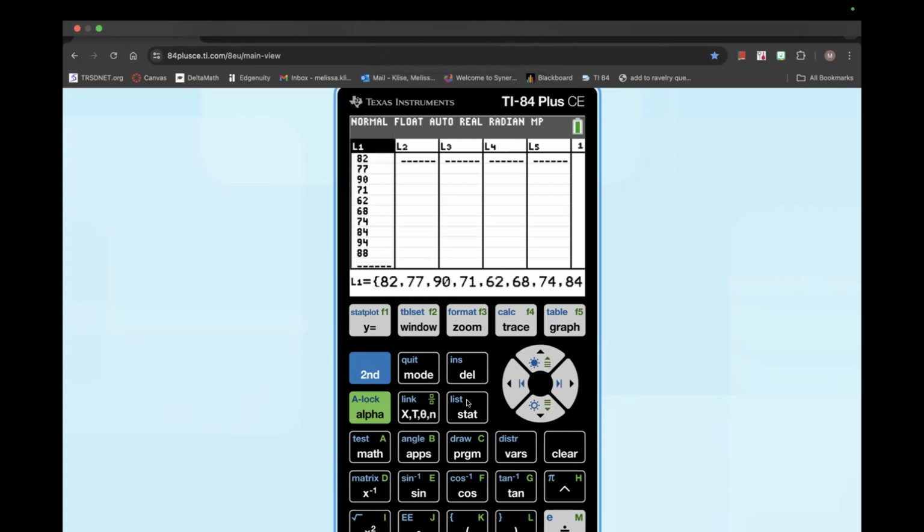Remember to go up and clear out your list. Arrow up and hit clear, enter. Don't hit delete, hit clear, enter. And I'm going to put in the construction zone data, the speed data, if you will.